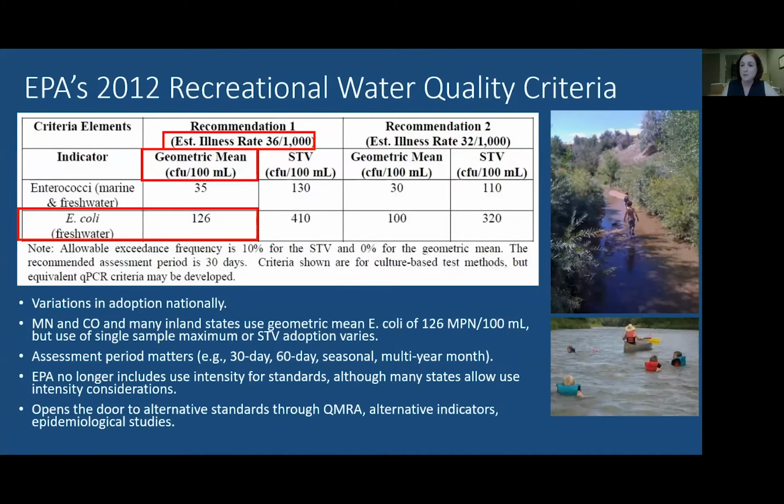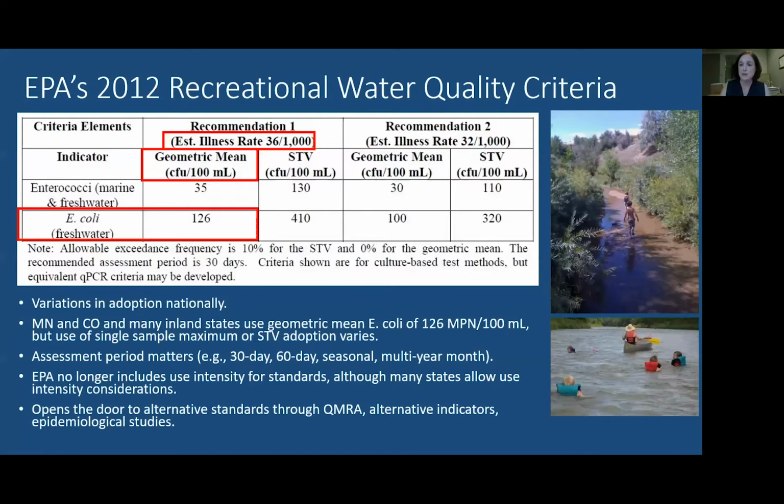The one that I'm going to be talking from primarily, which is the one that's mostly implemented in Minnesota and also in Colorado, is the E. coli freshwater standard that is associated with an allowable gastrointestinal illness rate of 36 illnesses per 1,000 exposures. And the standard is based on a geometric mean concentration of 126 colony forming units per 100 milliliters, and no exceedances of that geometric mean concentration are allowed.